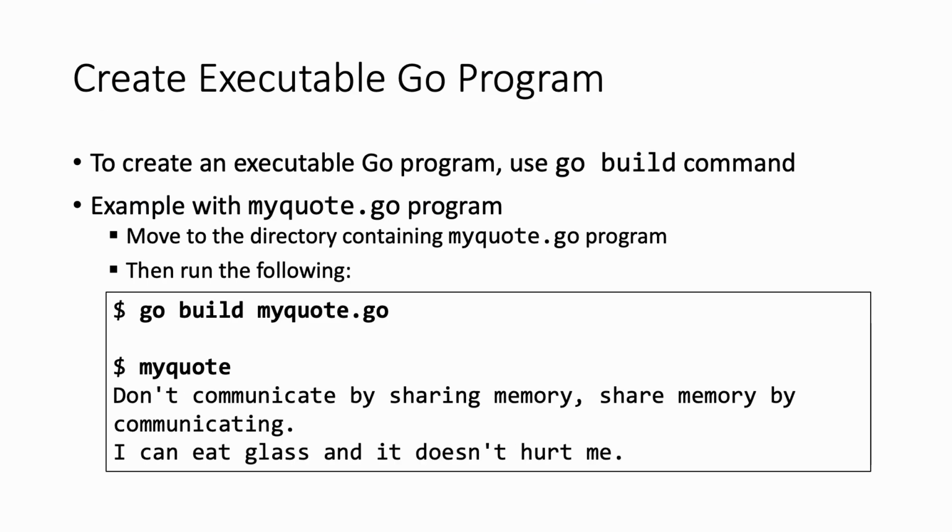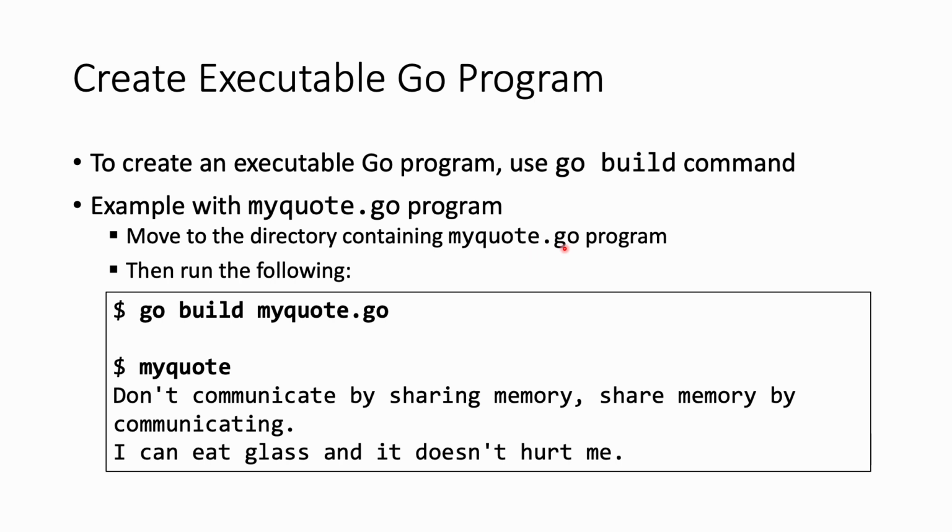Finally, you may want to create an executable Go program. This can be done by using the go build command. For example, to create an executable program from mycode.go program, we first move to the directory containing mycode.go program.